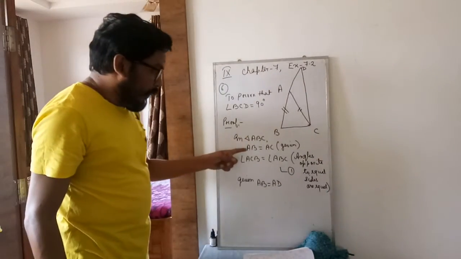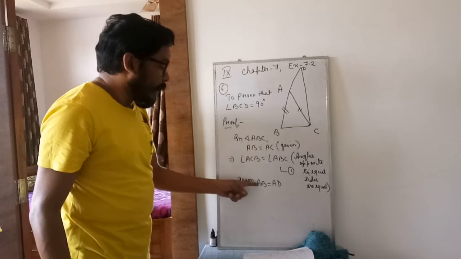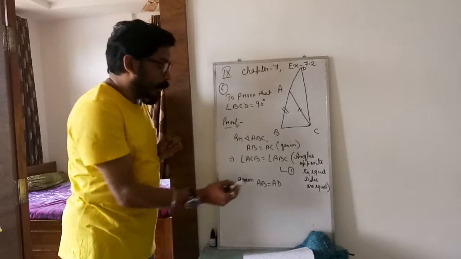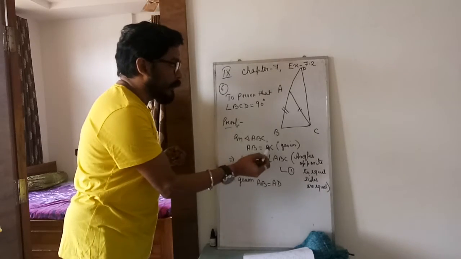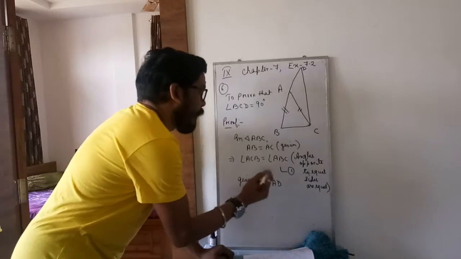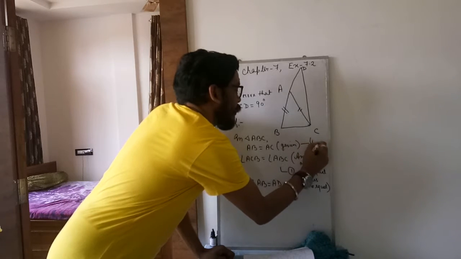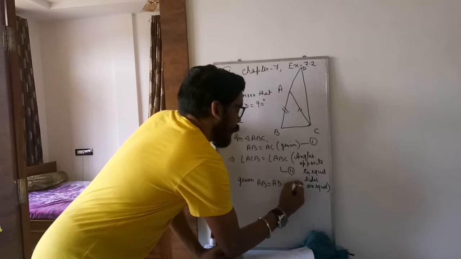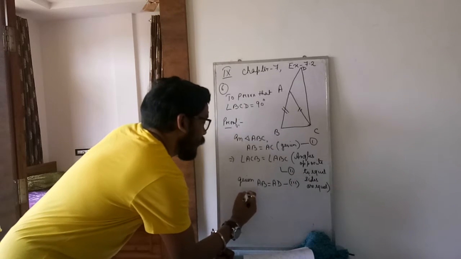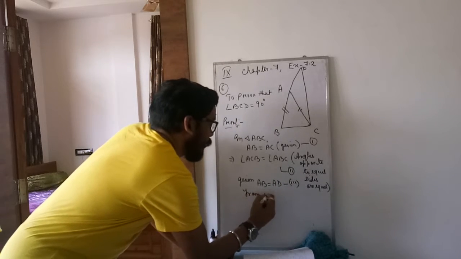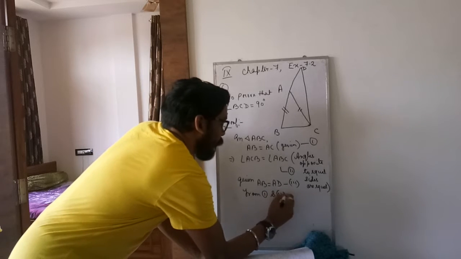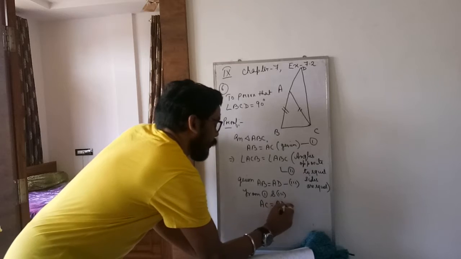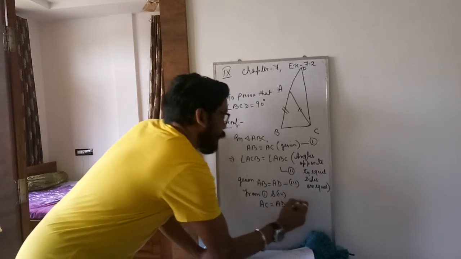Now you see here AB was equal to AC and here AB equal to AD. AB equal to AC given, AB equal to AD given. So you can easily write AC equal to AD. You can give this as equation 1, this as equation 2, and this as equation 3. And you can write here, from 1 and 3, AC equal to AD. You can give it as equation 4.